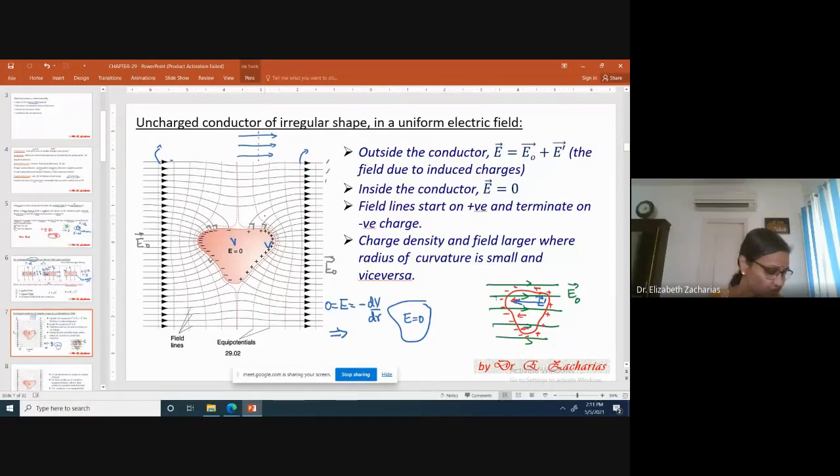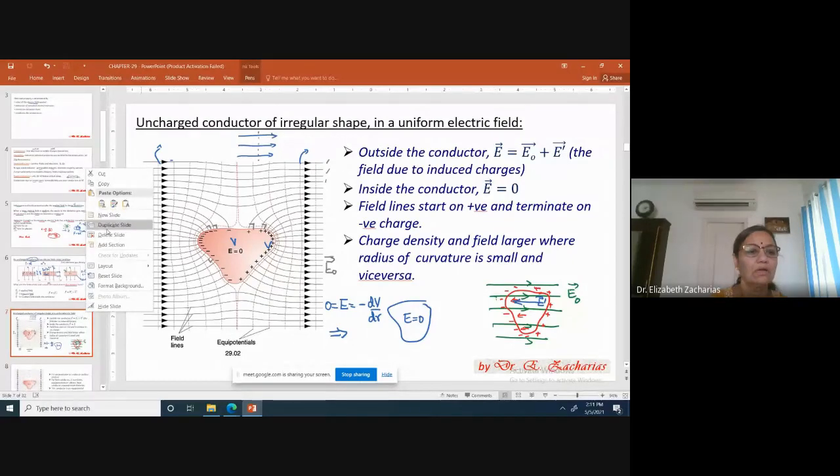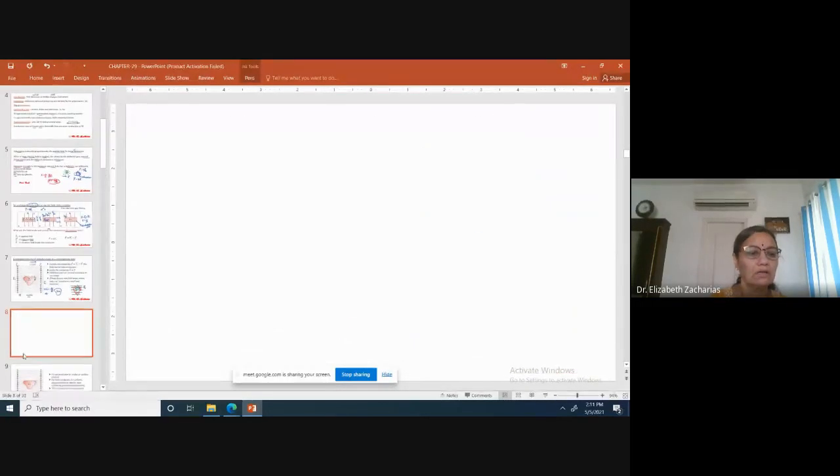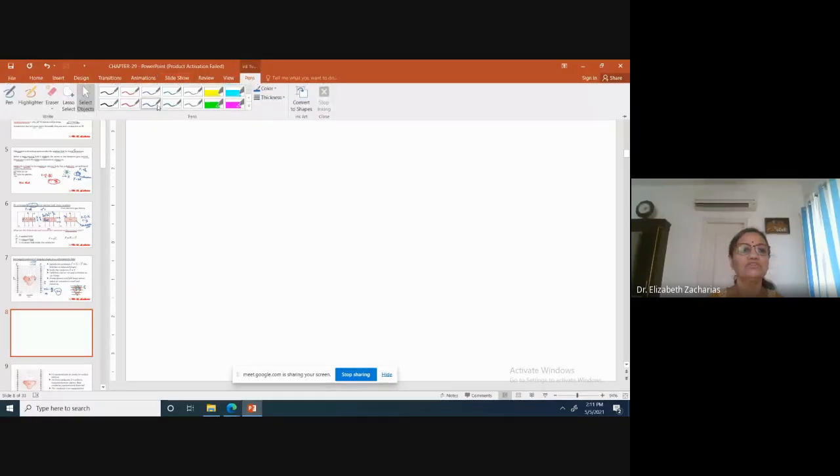What's the radius of curvature of a lens? What's the meaning of radius of curvature? Nobody is able to answer this.